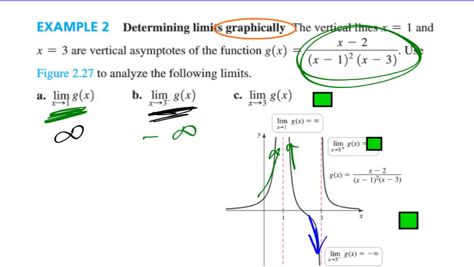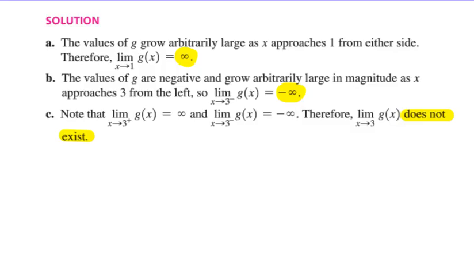And then C is actually asking for the limit, so I would have to look at the left and the right and see if it equals. Since the left does not equal the right, then I would say for C it does not exist because the right-hand limit is positive infinity. So once again, if the left limit does not equal the right limit, then the limit at 3 does not exist.